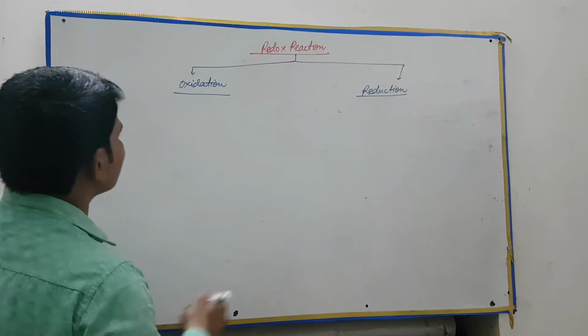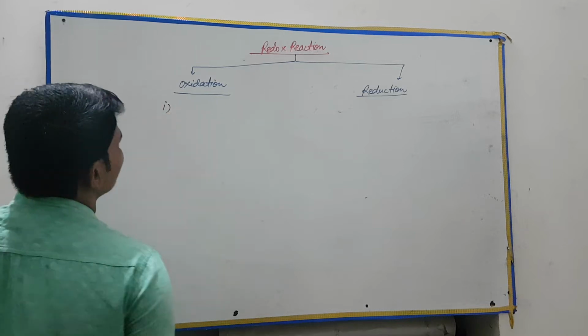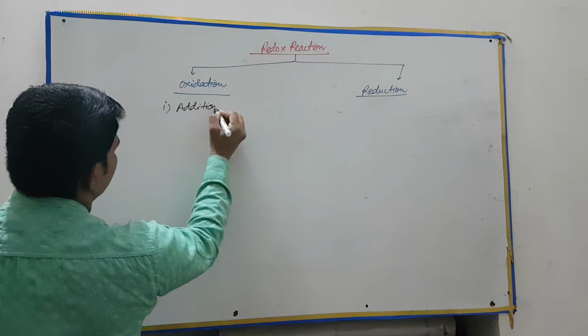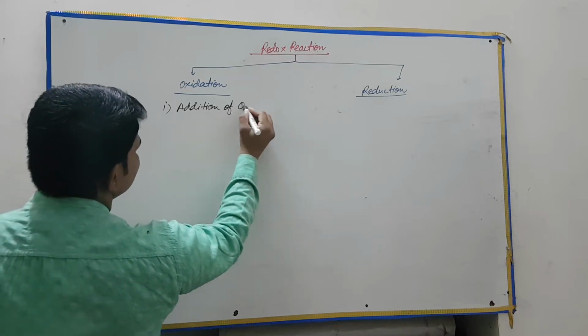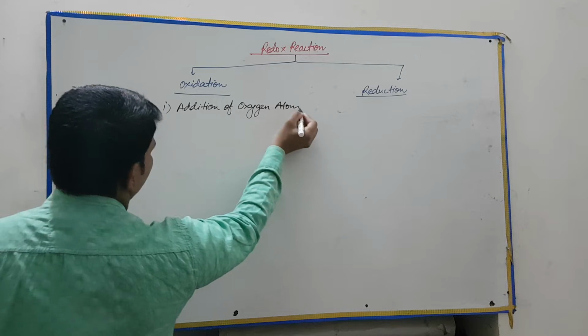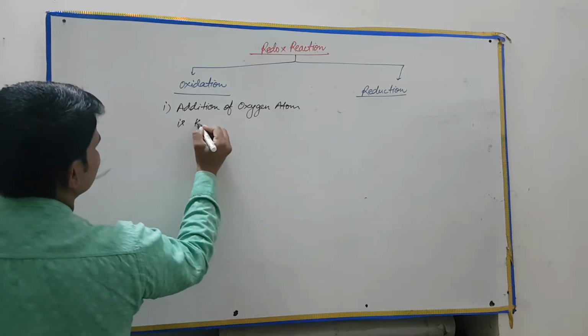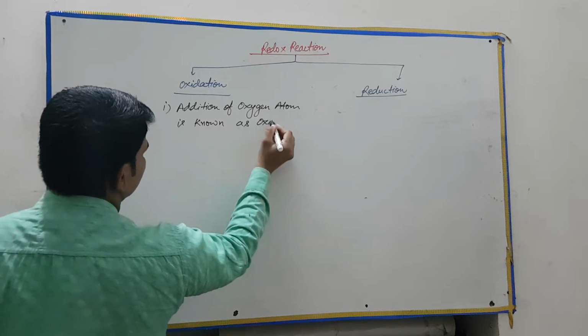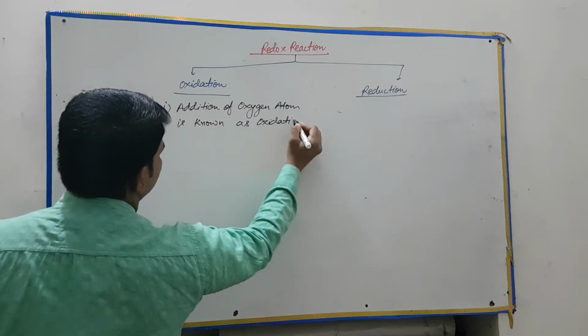Oxidation has two points. First is addition of oxygen atom. Addition of oxygen atom is known as oxidation.